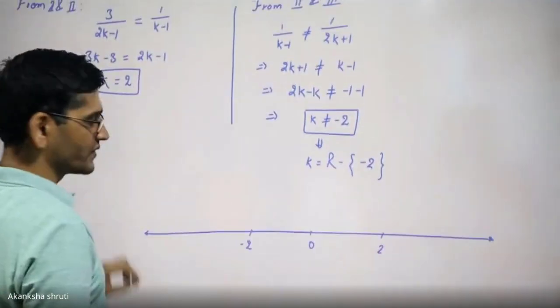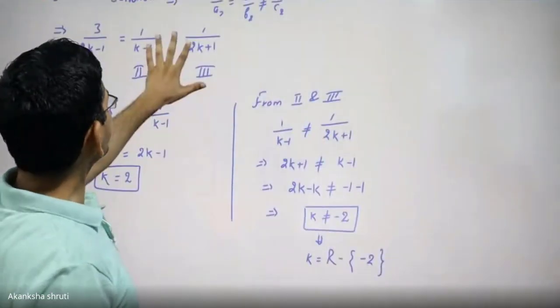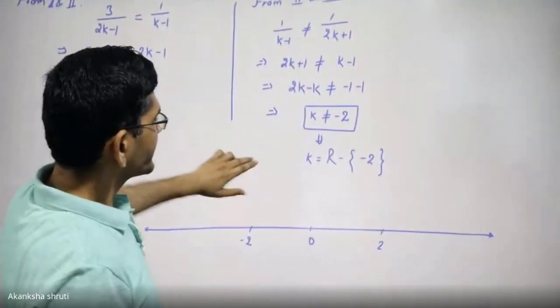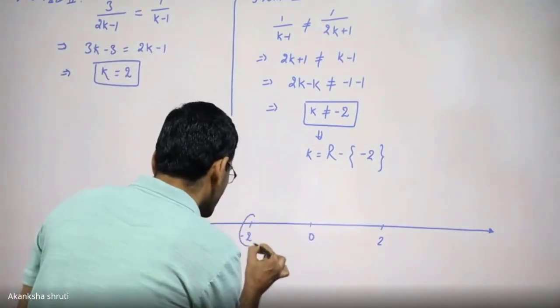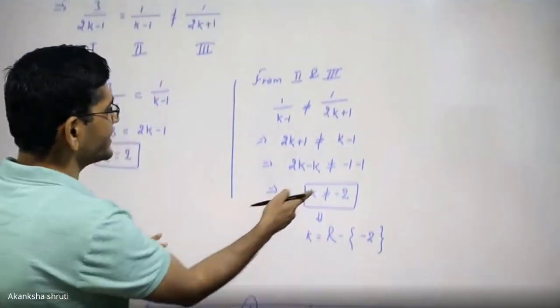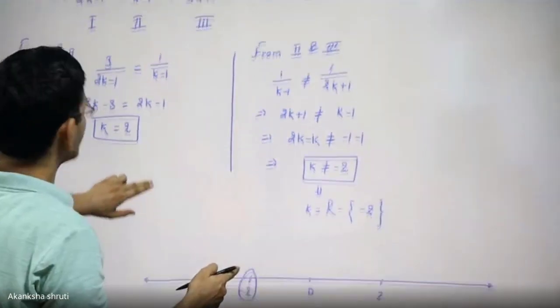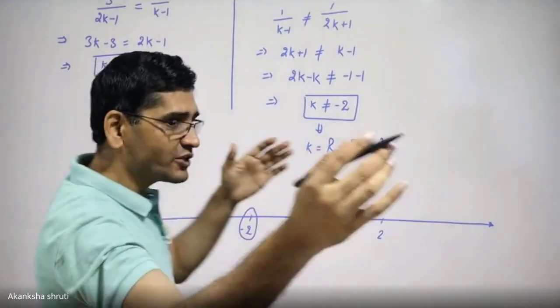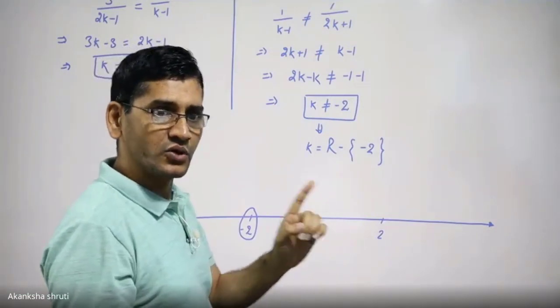Students, we have to understand this first. The second condition tells that k can have any value excluding this. So this value you have to leave. It means if k is not equal to minus 2, then all those k values are possible for no solution.